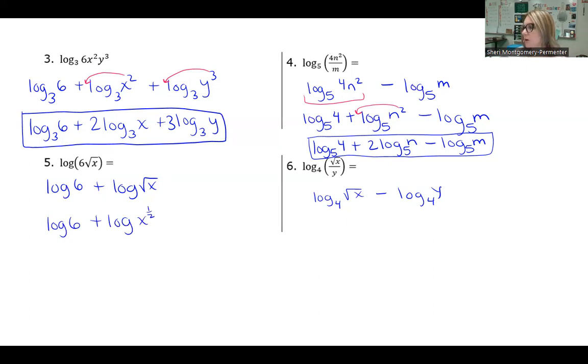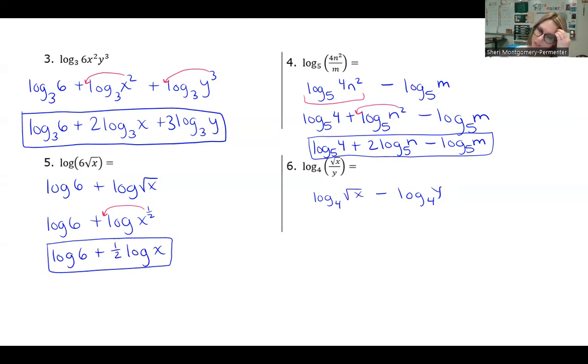And if we have an exponent, where do we write it to expand it? Into the front. So anytime you see a square root, it's the same thing as to the 1/2 power.